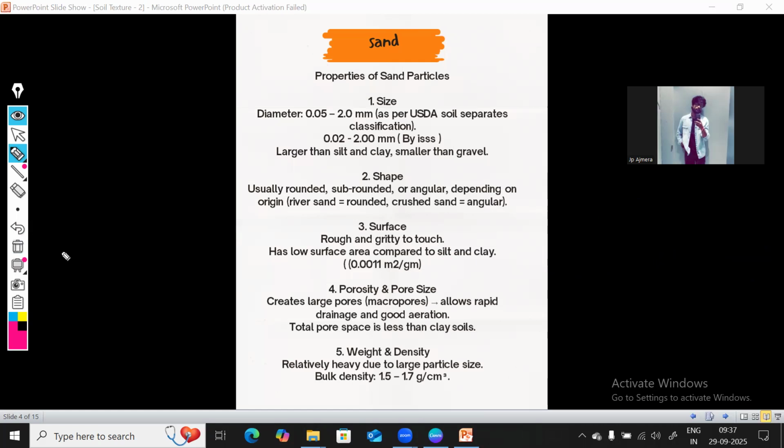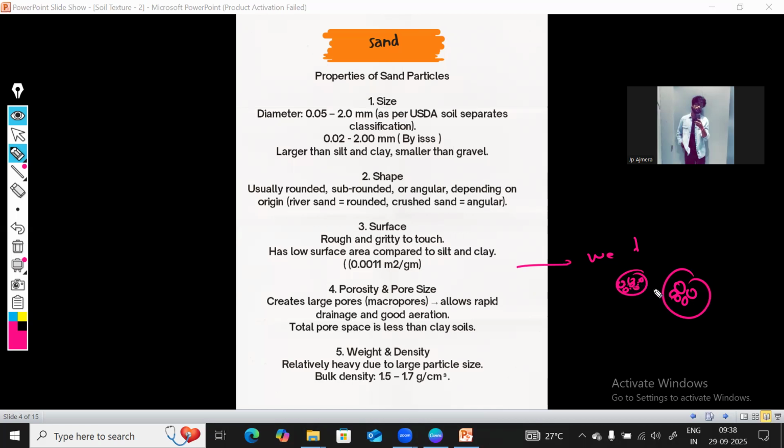All right, let's move to the next one: porosity. We already discussed it a bit. When soil particles are arranged in a group, space is created between them.